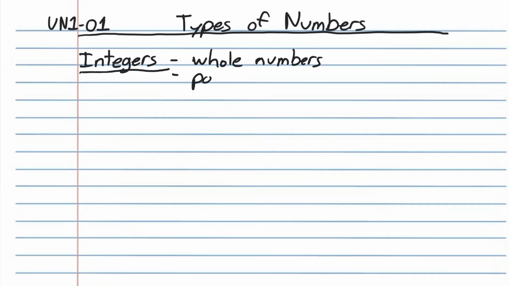They can be positive, they could be negative, or 0. Okay, so those are all integers. And just the basics today, like again, I said you should already know how to do this, but it's just somewhere to start off with.